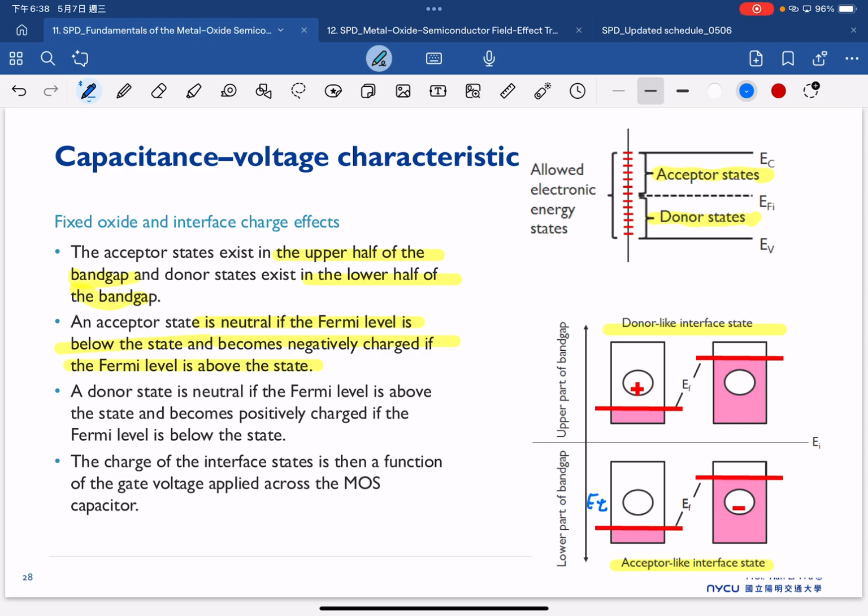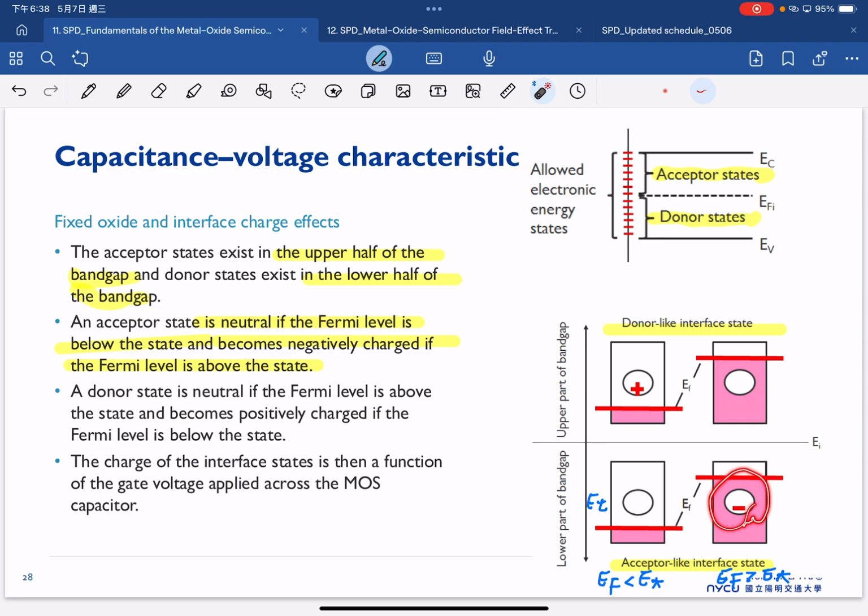In this case, the first is EF below ET, and then we don't have any trapping in this acceptor state. But in the case with EF larger than ET, we start to have negative charge inside this state. So that's the basic definition for the acceptor state.